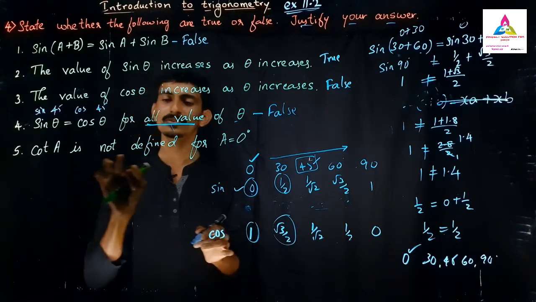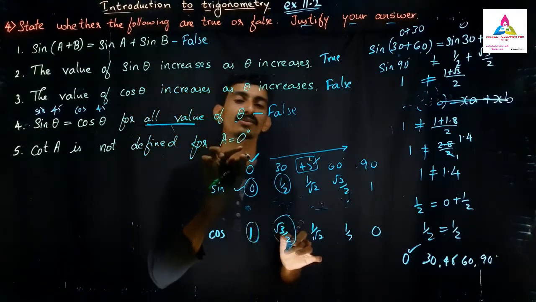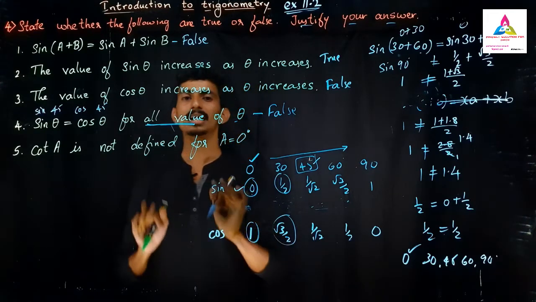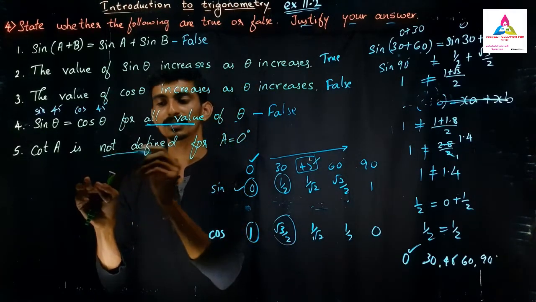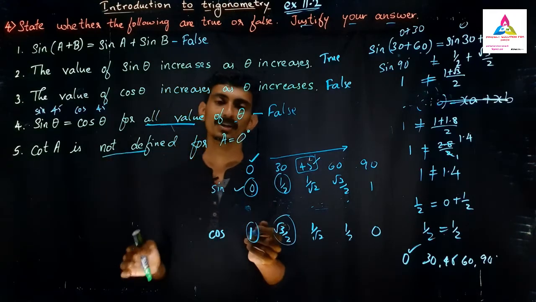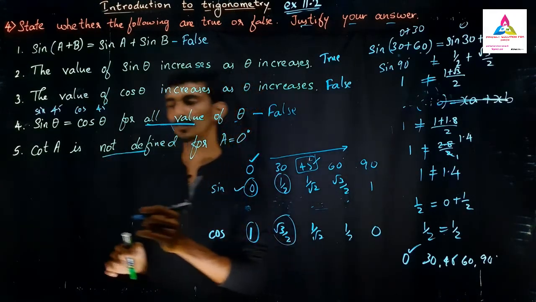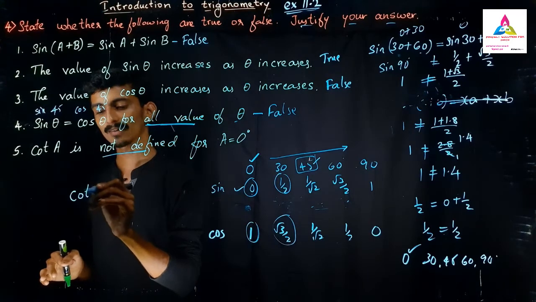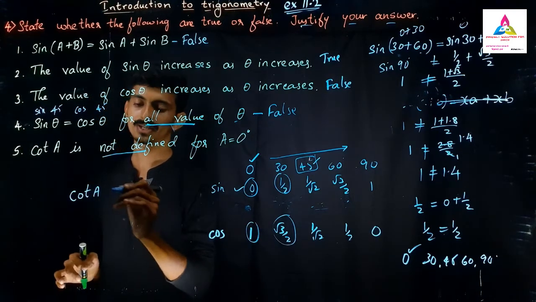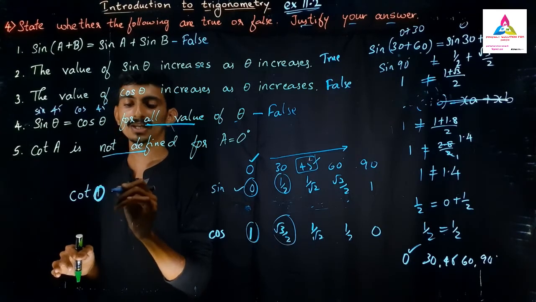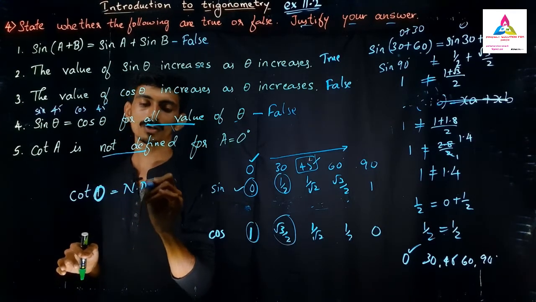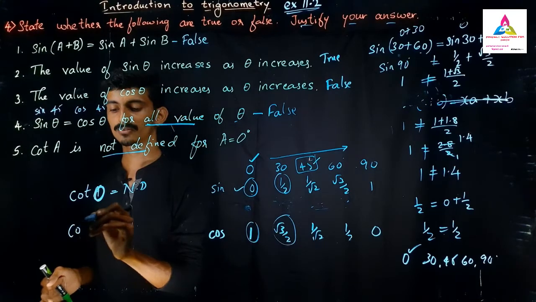So cot A is not defined for A equal to 0. When it is not defined, it means we can't define it. When A is equal to 0, we know that cot A value is not defined, because cot 0 is nothing but not defined. If you want to know why, verify your answer.